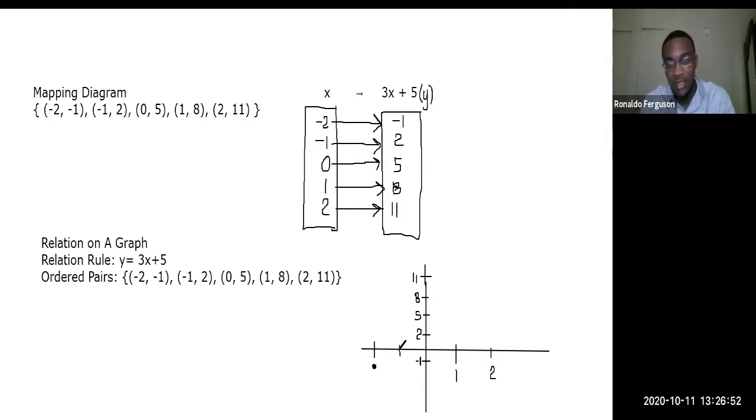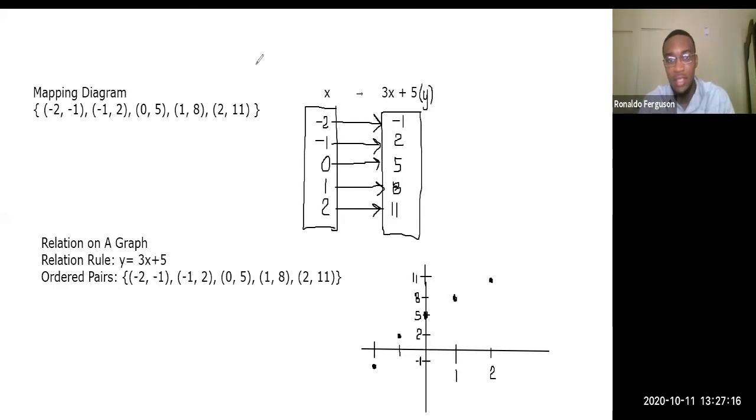Now this is for when x is negative 1, y is 2, and so the corresponding point is right here. And then when x is 0, y is 5. Then when x is 1, y is 8. And then when x is 2, y is 11.